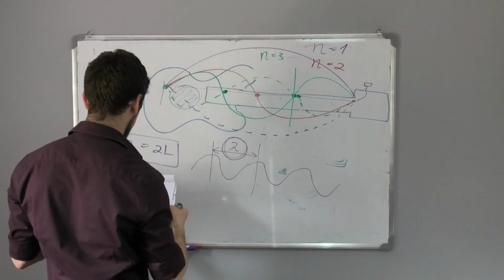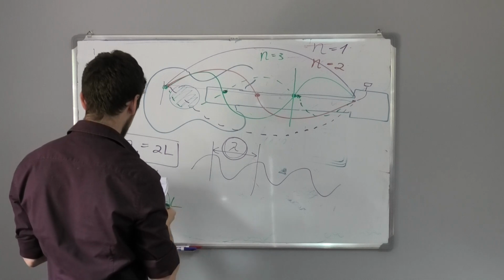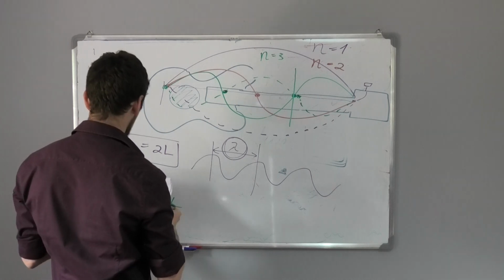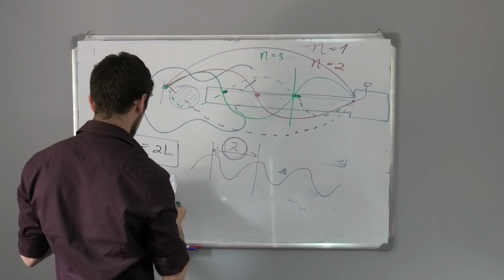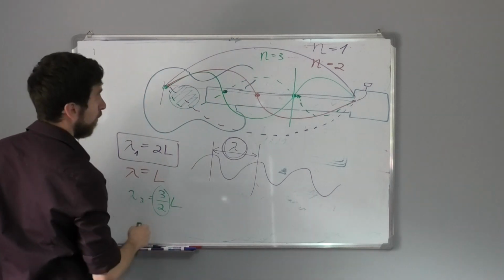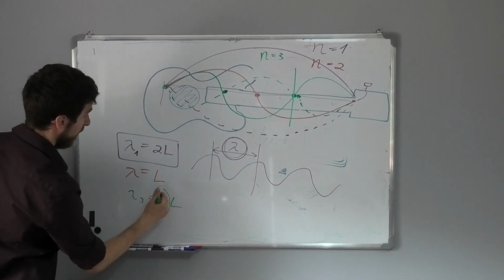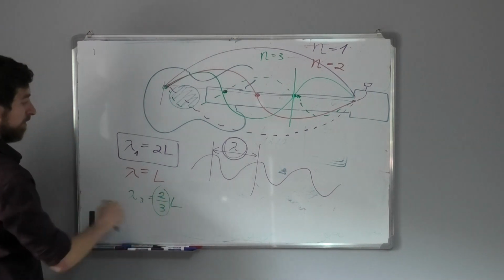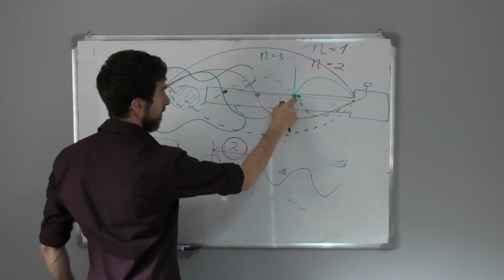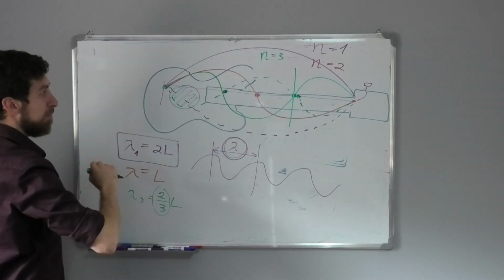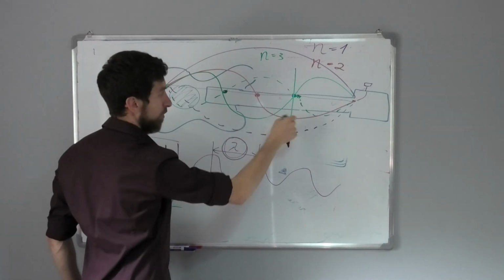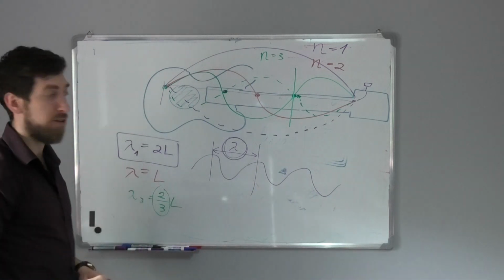I think it's the opposite. I think it's 2 over 3, sorry. I don't know why I wrote it the other way. 2 over 3, right? That's what we have here. At that location, this is the lambda. See, a third and a third, 2, and we are left with another third.